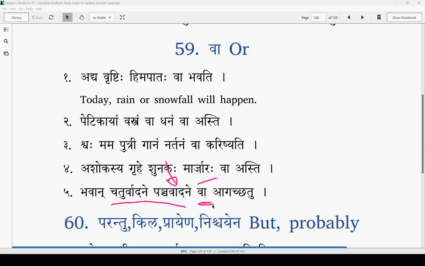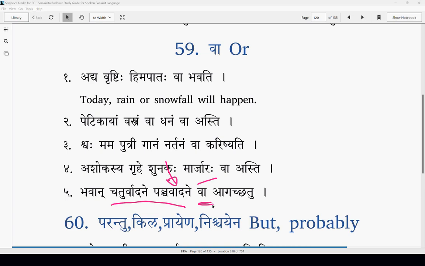For example, I want to see Rama and Krishna, both. Normally you can say aham Ramam Krishnam cha pashyami. But it is also okay to say aham Ramam cha Krishnam cha pashyami. What about Ramam, Krishnam and Parasuramam? You put like 10 words, no problem. And put cha at the end, or cha in between every word, that's fine.